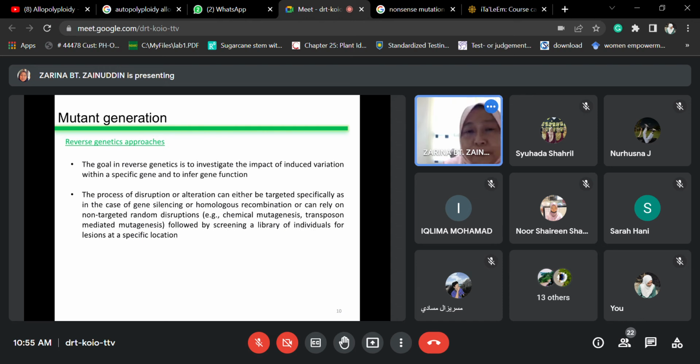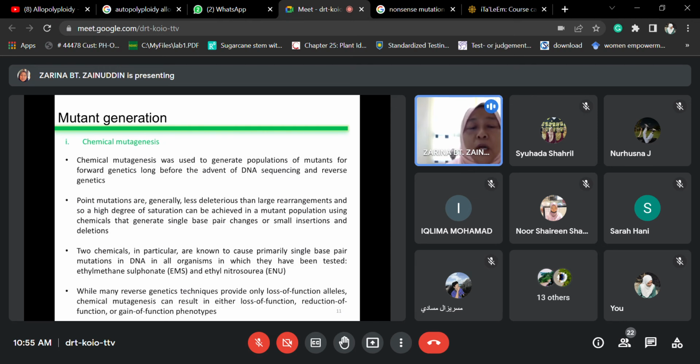Okay, so the first technique we use for reverse genetics is what we call chemical mutagenesis, where you use chemicals to generate a population of mutants. For forward genetics we also used chemicals, a long time ago.